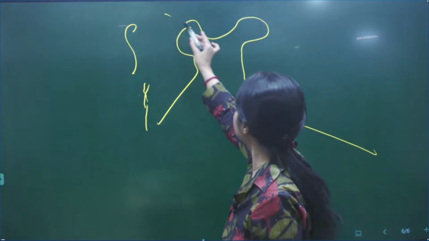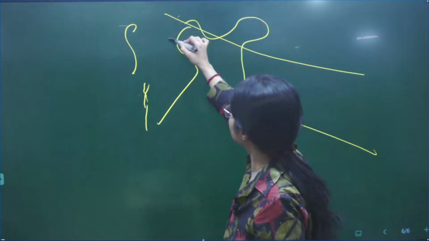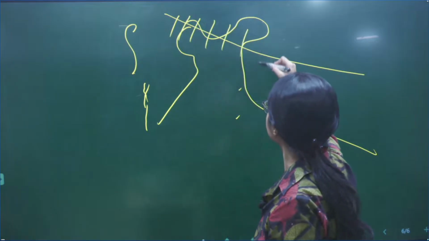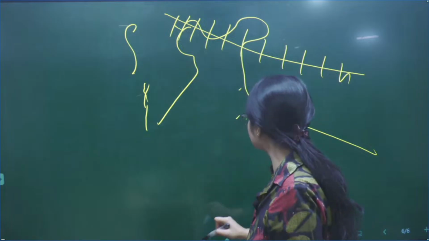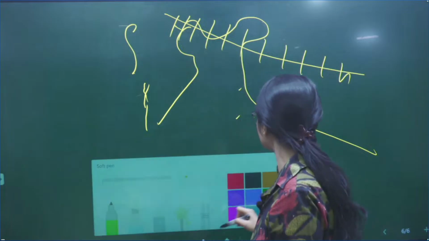The first one that we have is the Trans Himalayas. This is your area of the Trans Himalayas, how many parts does it have? You have three parts. The first part is the range you call your Karakoram.